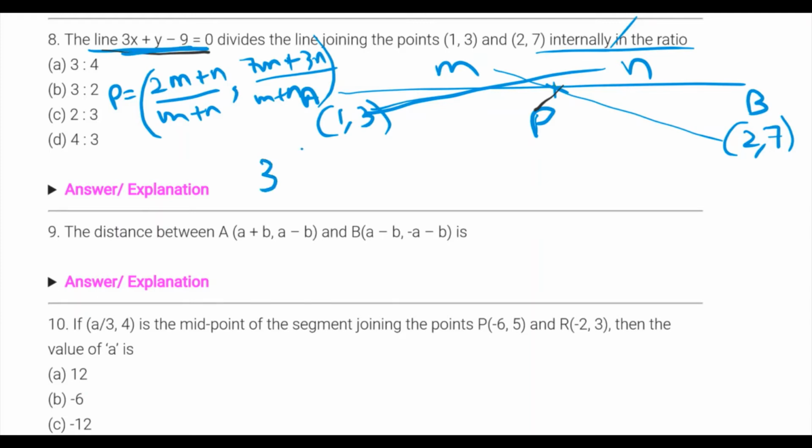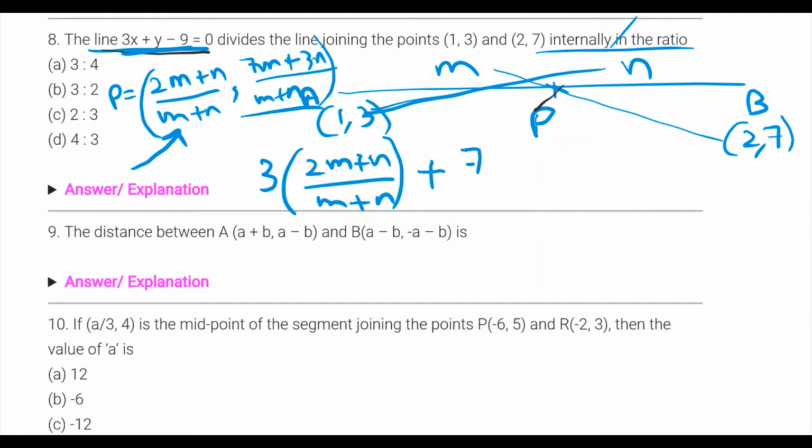So 3 into, in the place of x, we need to substitute this P coordinate, which is 2m plus n by m plus n. This is 3 into x plus y. Y coordinate is 7m plus 3n by m plus n, minus 9 equals to 0. So solve this expression now.